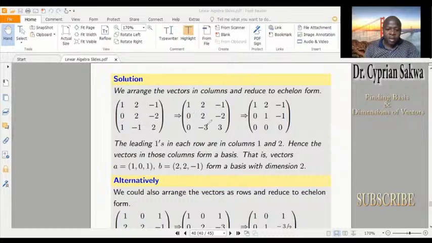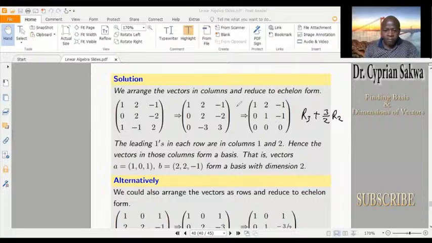So the next thing I want is a 0 in this position. So I would take row 3 plus 3 over 2 of row 2, and this will give me my new row 3.